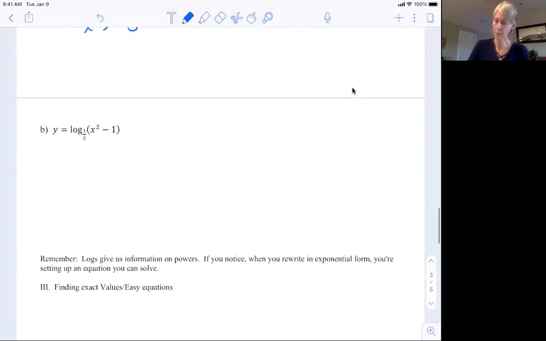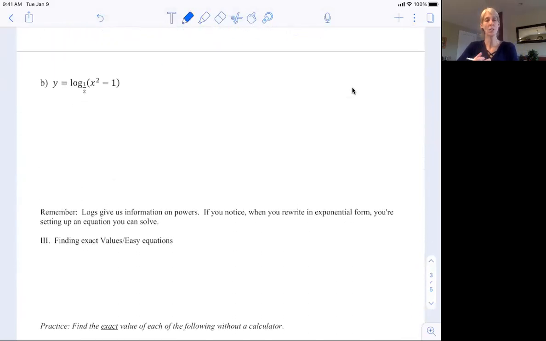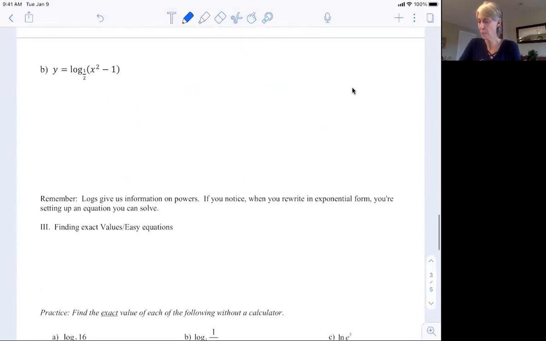In our second example, y equals log base 1/2. Again, the base does not matter. It's a log function, so all the characteristics just apply. Argument greater than 0. And now you have to remember how to solve different types of inequalities.